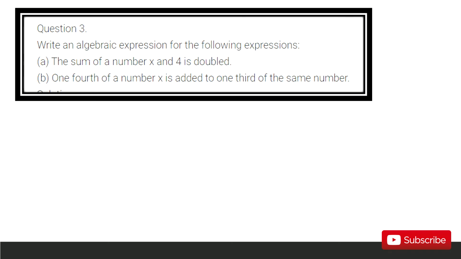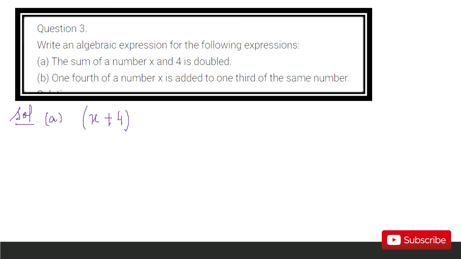Write an algebraic expression for the following expressions. Now this is a bit of an advanced version of question number 2. So let me see what the question is asking me to write. The sum of a number x and 4 is doubled. So there is a number x, sum means addition, 4, and it says it is doubled.